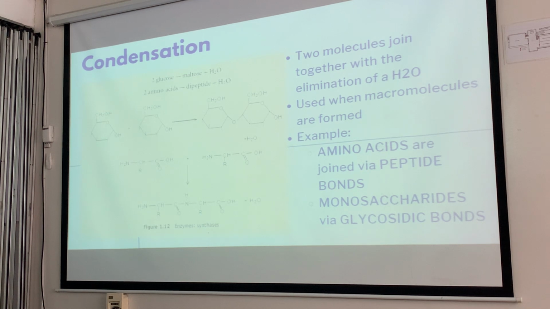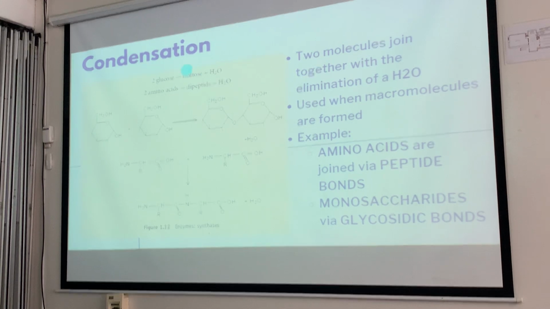Synthases, we will hear or read about synthases. They catalyze the formation of amino acids via peptide bonds or monosaccharides via glycosidic bonds. You take out water.